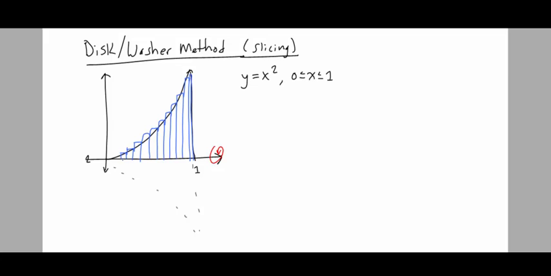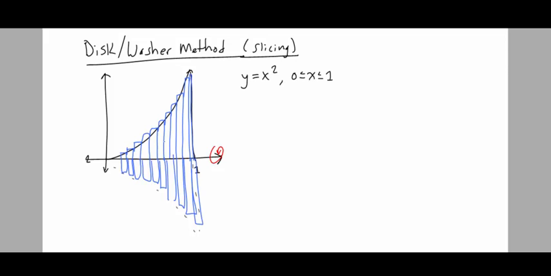So I'm going to take each of these and rotate it above and below, and you can see that this is the shape we'll get. Now if we were rotating this about the y-axis, we would get a different shape. So the axis of rotation is important to know what that looks like.